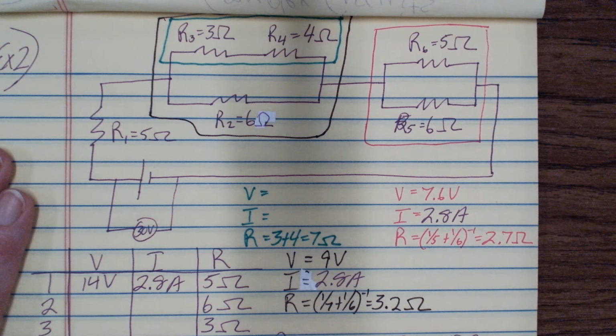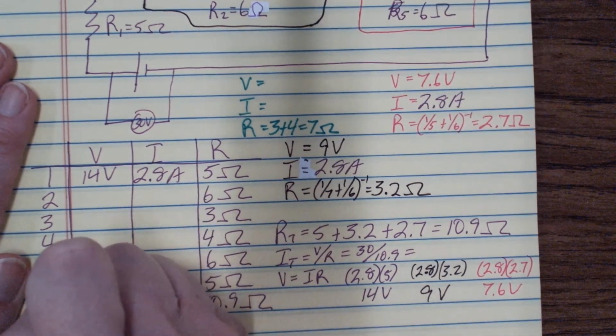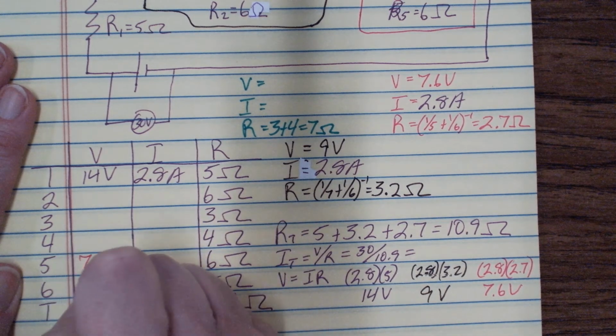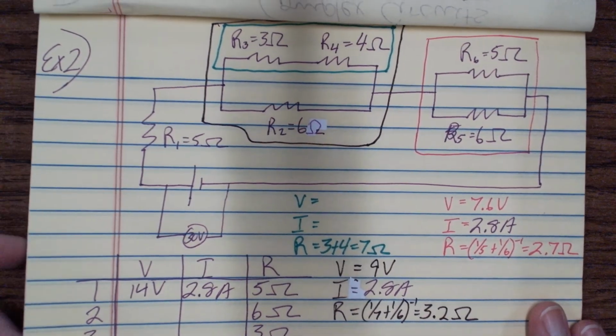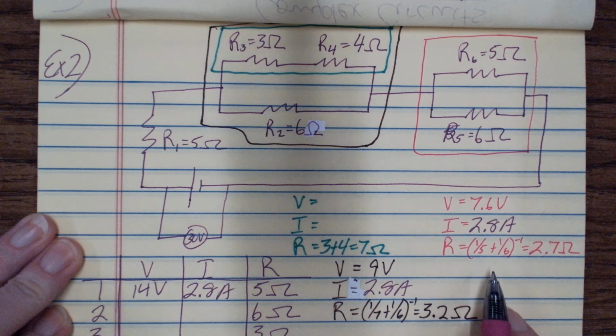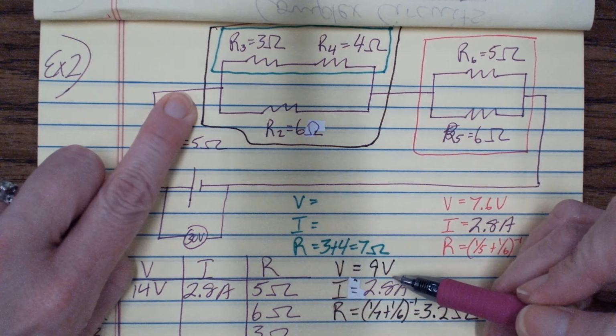So we can add that into our chart. So resistor 5, the voltage is 7.6 volts. Resistor 6 is 7.6 volts. Okay, because they're in the pink box, that's why I switched to pink, so you can kind of keep up with my color coding.